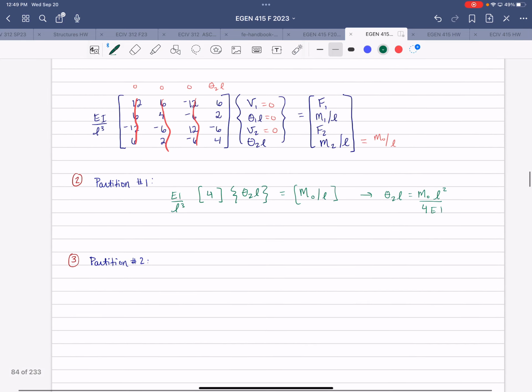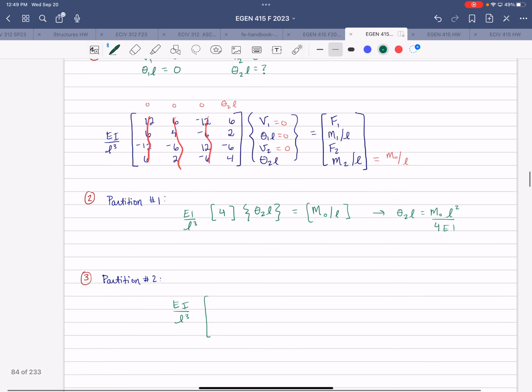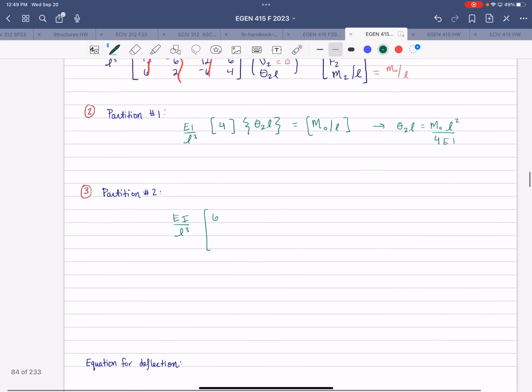So then the second partition, we have to go back and use the remaining 3 rows. We're still only using that 4th column though, right? So that's a common mistake that I see a lot of students make when first using this method. It's tempting to want to use the 3 columns that you didn't use before, but just remember we're never using those columns once we've eliminated them from our matrix equation.